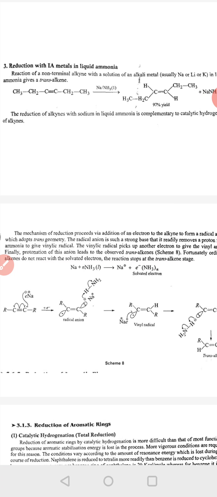We have read about this type of reduction in alkenes also, but ordinary alkenes do not react with the solvated electrons, and the reaction stops at the alkene step.